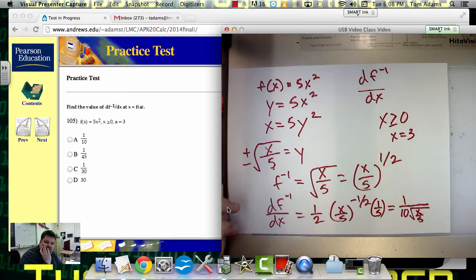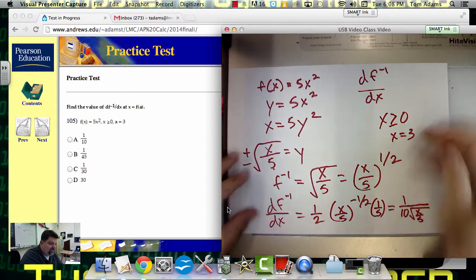So I've got x divided by 5, then you take the square root. Oh, it's not x equals 3.